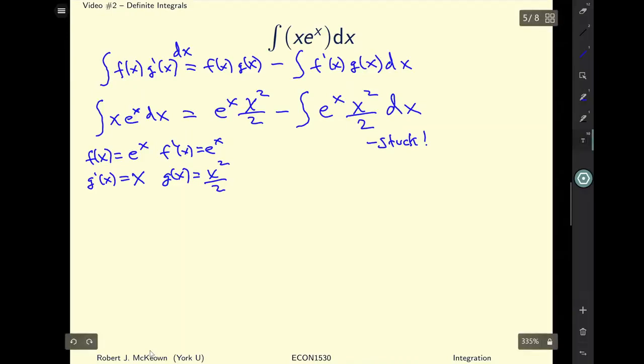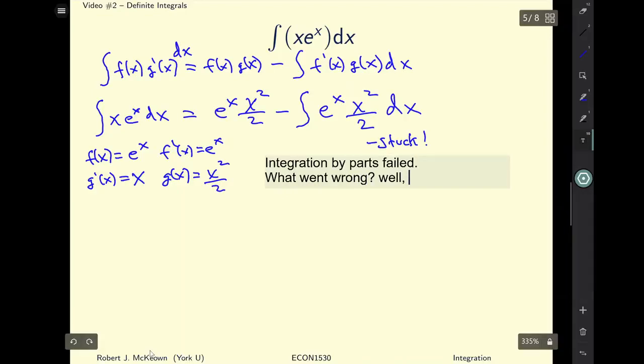So what's happened here? Well, integration by parts failed. It didn't work. Integration by parts isn't always going to work. Choosing my f of x and g prime of x in this way, the integration by parts failed. What went wrong?